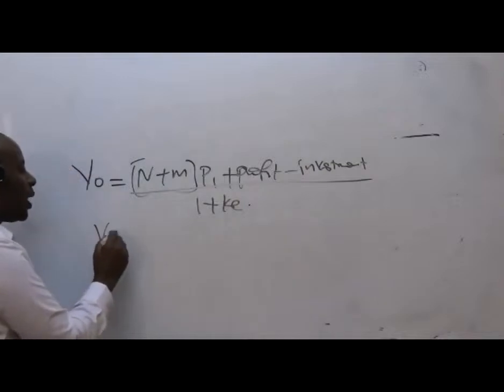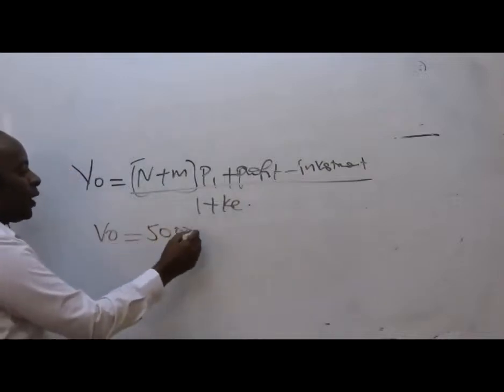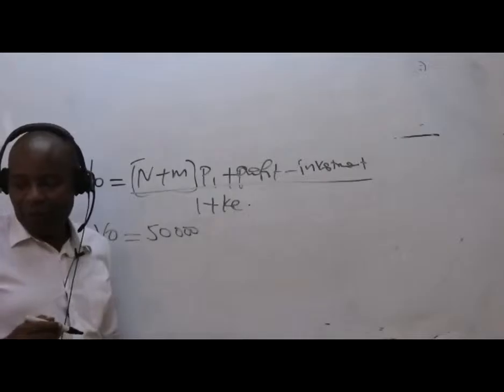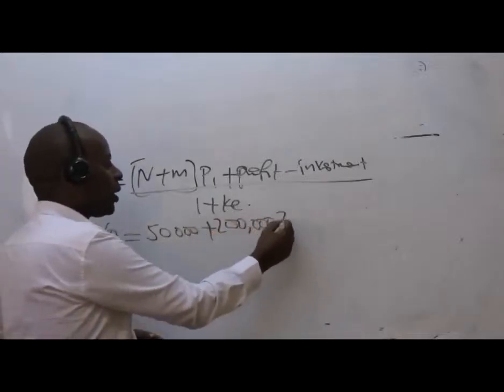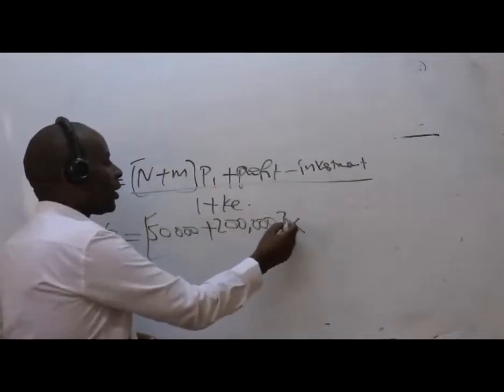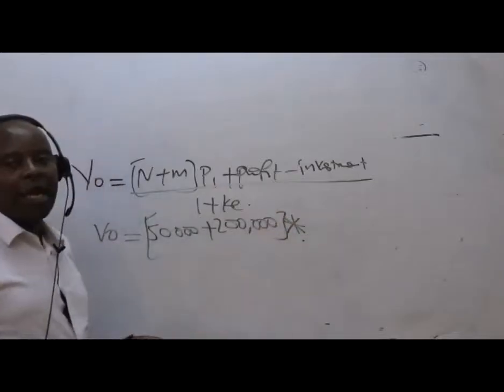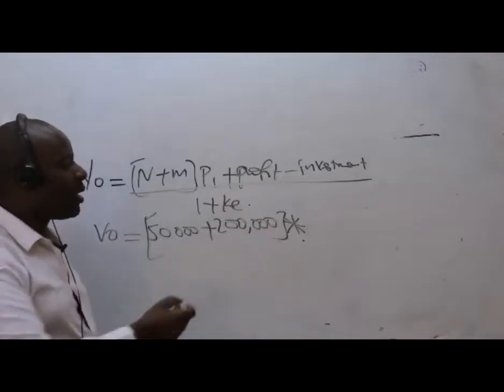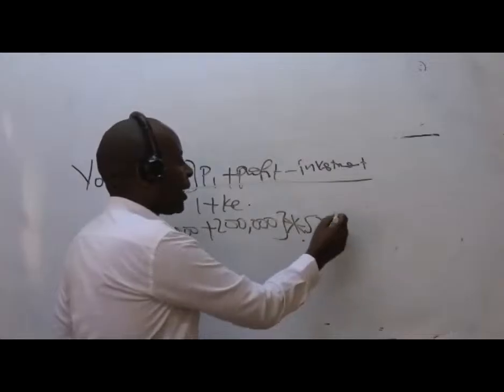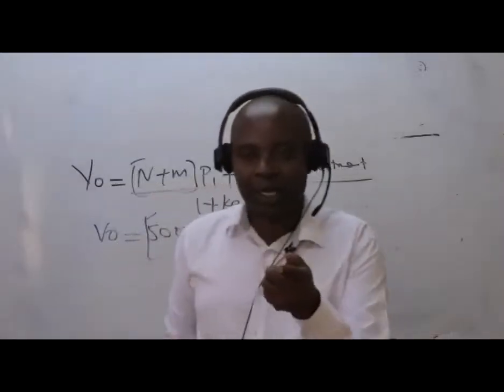So the new shares, you guys have given me a figure of 50,000. Plus old shares, 200,000, times P1. P1, if my memory serves me well, is 52.